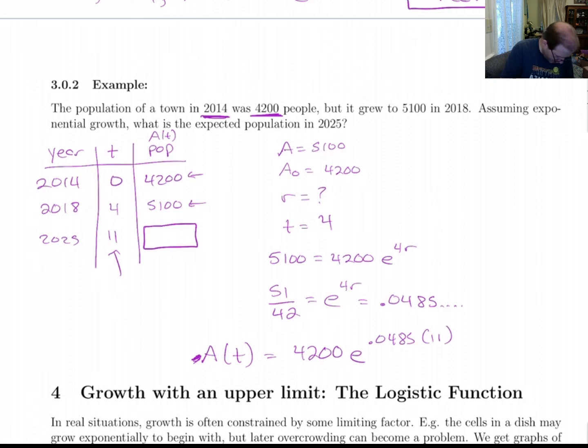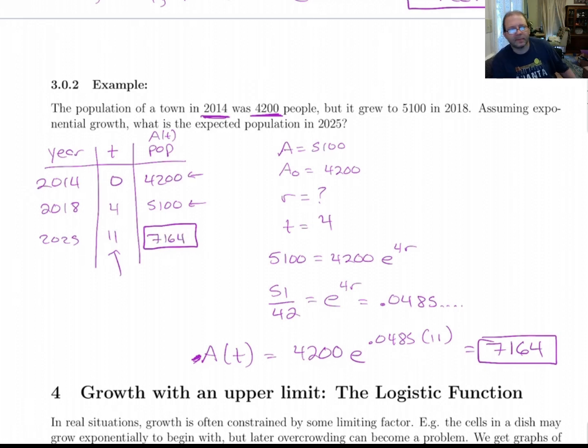So let's see, 4,200 times e to the answer times 11 gives me 7,163.6, we'll round that up to 7,164 people. And that's it.